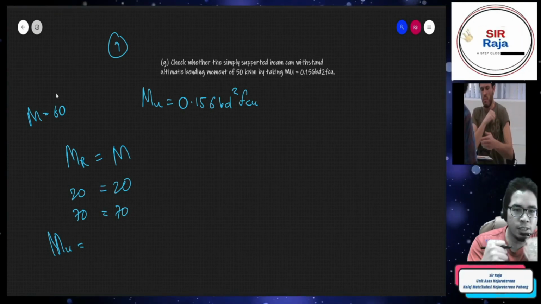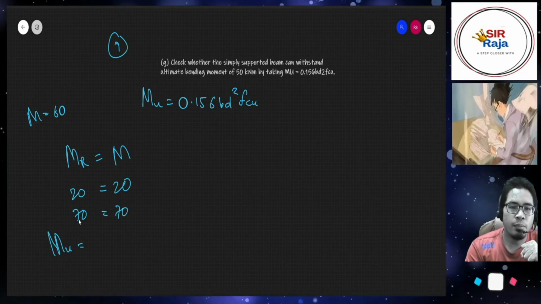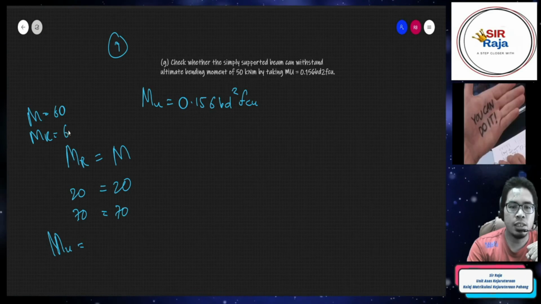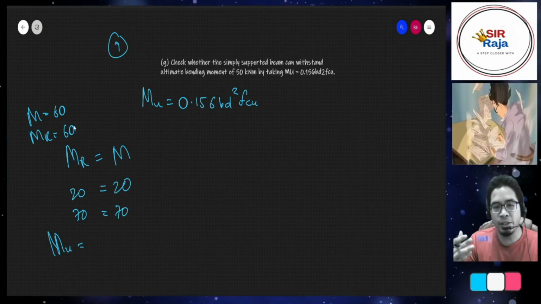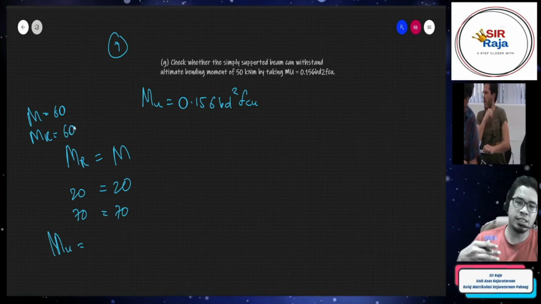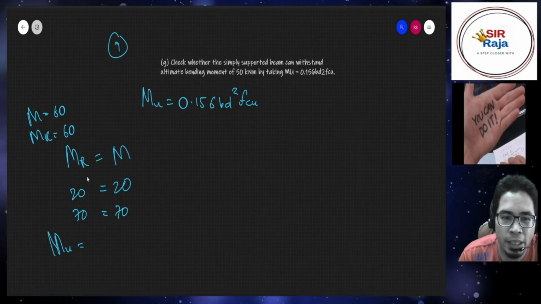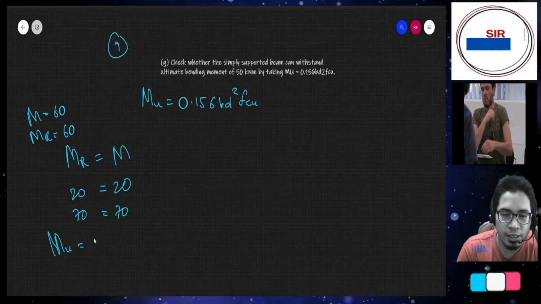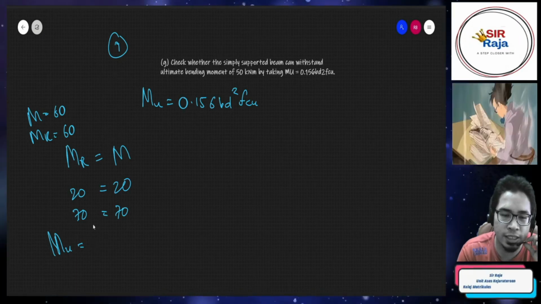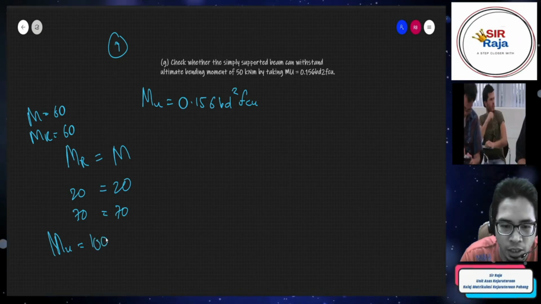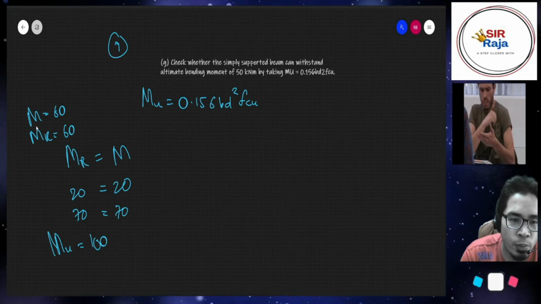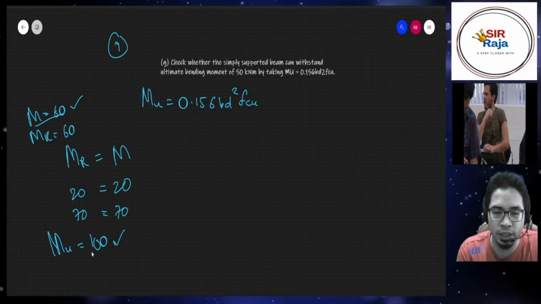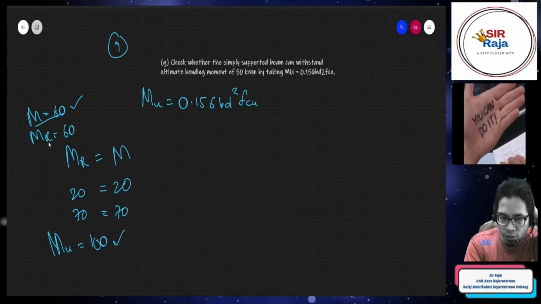You are given 60 punch, so you must at least have a resistance of 60 for equilibrium. But the MU is the real resistance that you really have. Let's say your resistance is actually 100. Therefore, if your M is 60, you can still withstand it. This is your real, actual number.